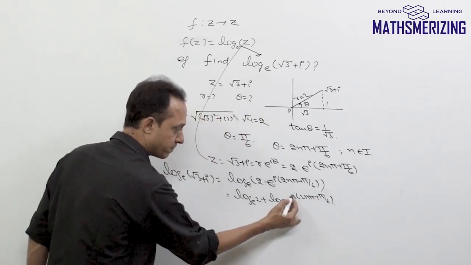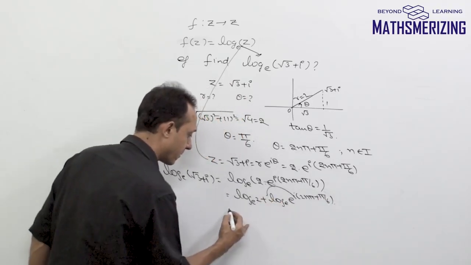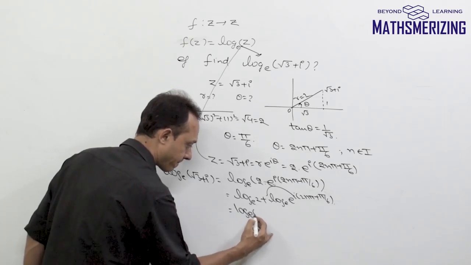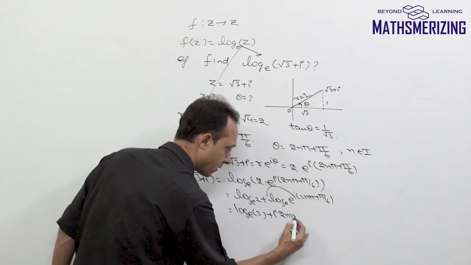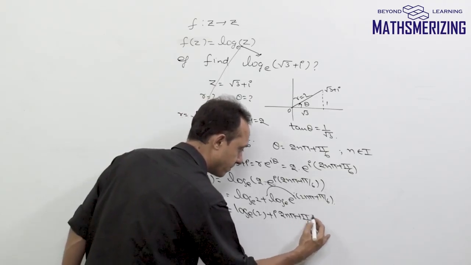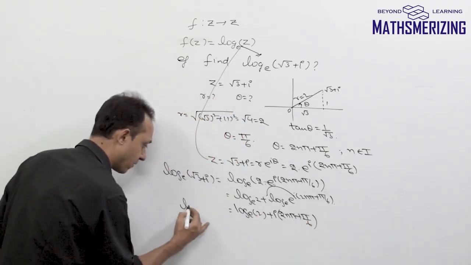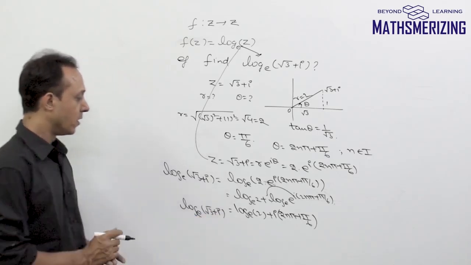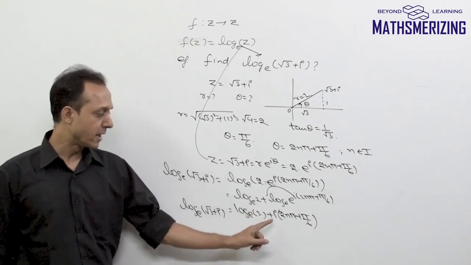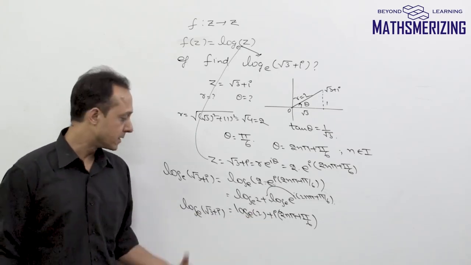So now this power will come out and log e base e will be 1. So I'll simply write log 2 and then plus iota 2n pi plus pi by 6. So the value of log root 3 plus iota is log 2 to the base e plus iota 2n pi plus pi by 6.